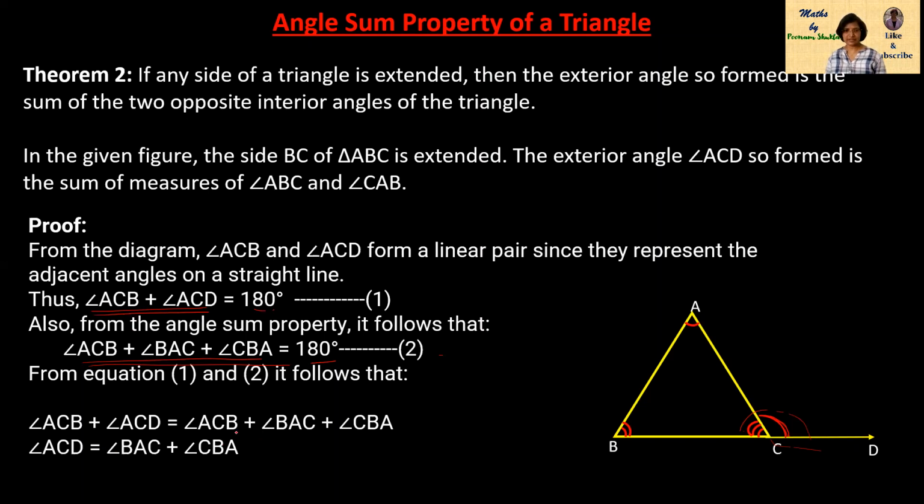Now ACB will be cancelled, and we get angle ACD equals angle BAC plus angle CBA. Here you can check which angles these are: angle ACD is this angle, equal to angle BAC, this angle, plus angle ABC, this angle. So this is hence proved.